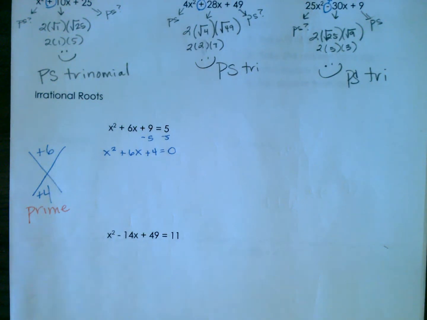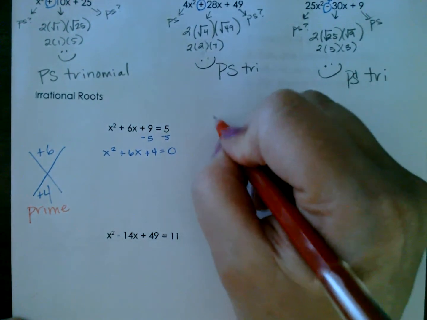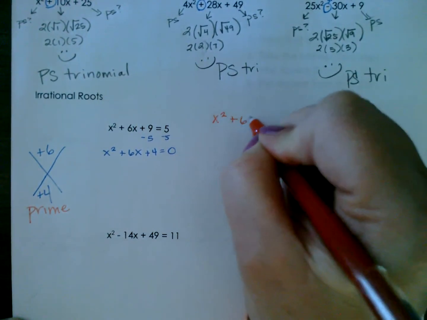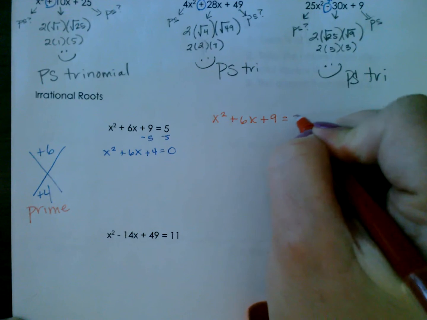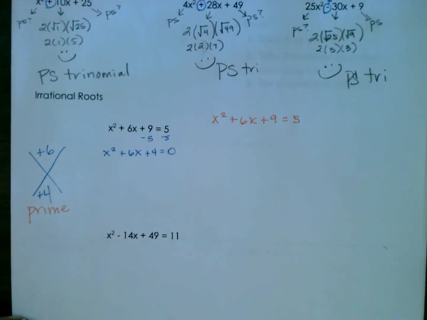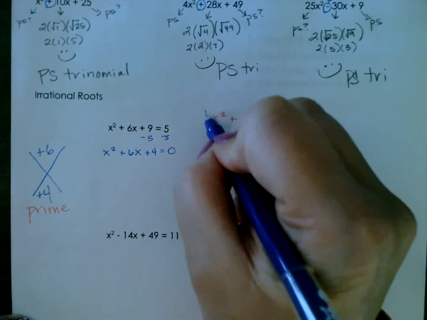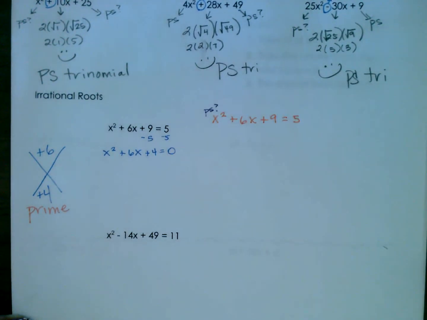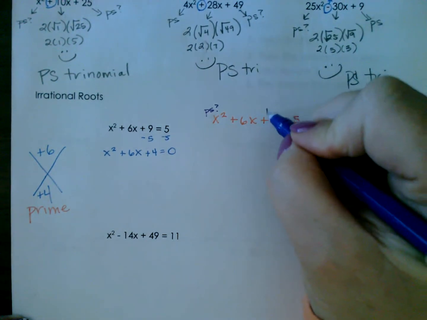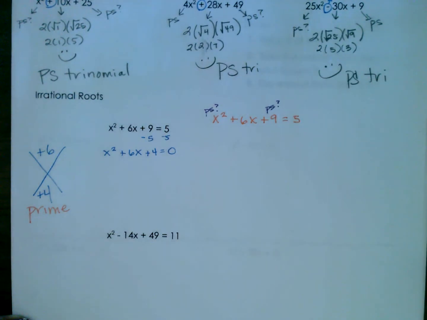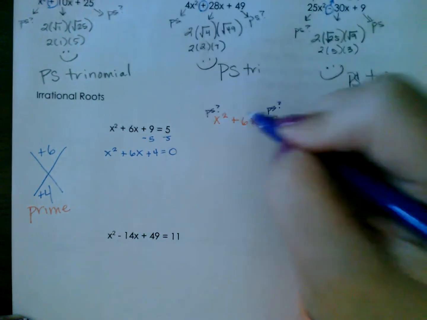What we're going to do next is I'm just going to rewrite the math problem here. Do we have a perfect square trinomial? Is that a perfect square? Yes. Is 9 a perfect square? Yes.